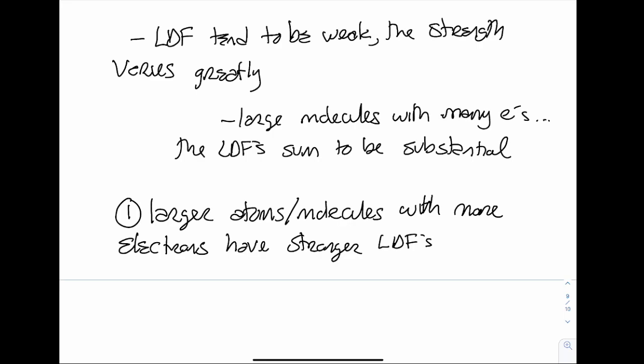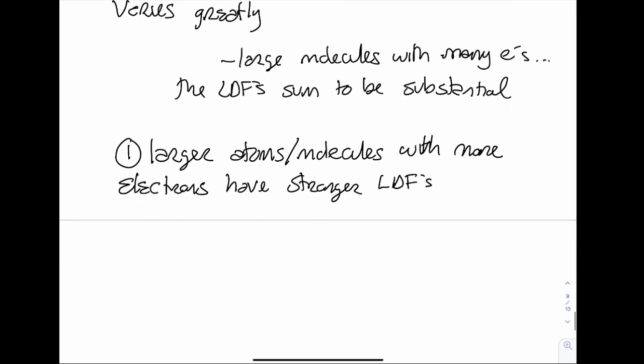You just have more electrons moving around. Your odds of them being bunched up on one side are greater. So larger atoms with more electrons have stronger London dispersion forces.